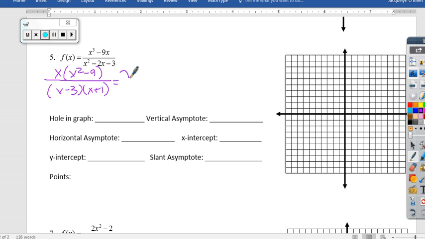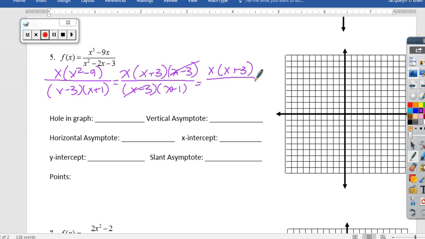The numerator continues to factor with the difference of two perfect squares. And I notice that I have two that are the same that are going to cancel out. So we wind up with x times x plus 3 all over x plus 1.